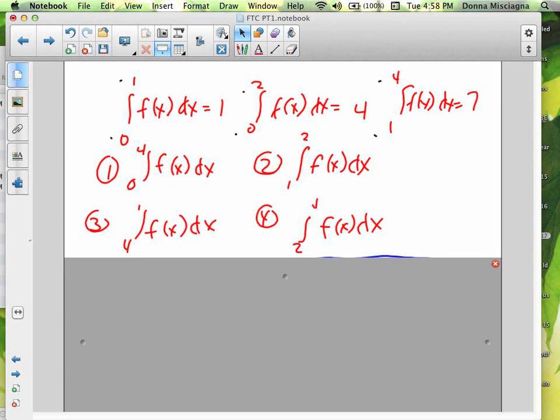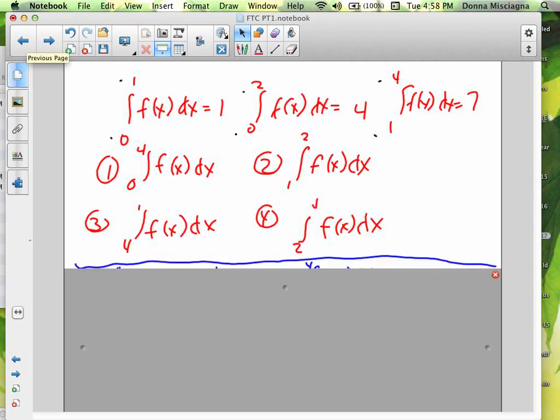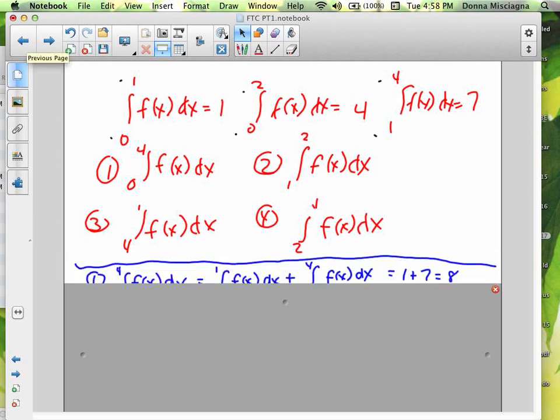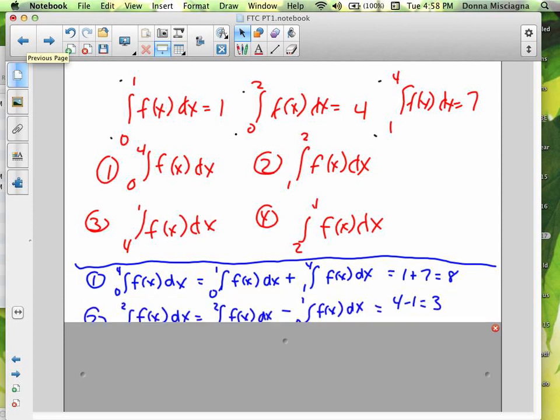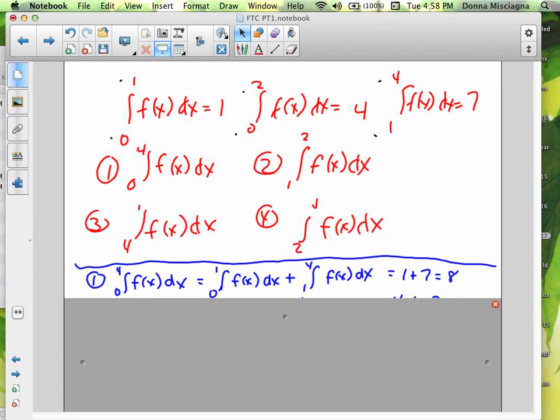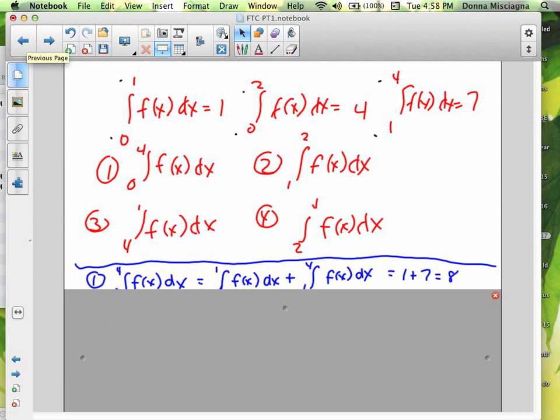So f of x dx from 0 to 4 would just be from 0 to 1 plus 1 to 4. So that's going to be 1 plus 7, or 8.